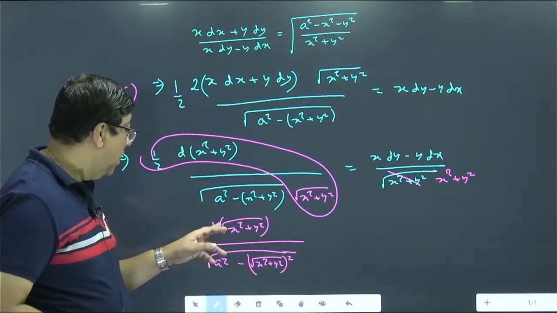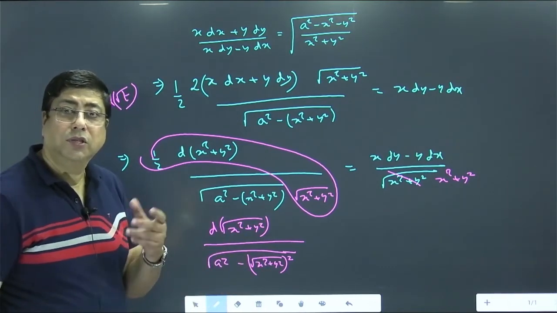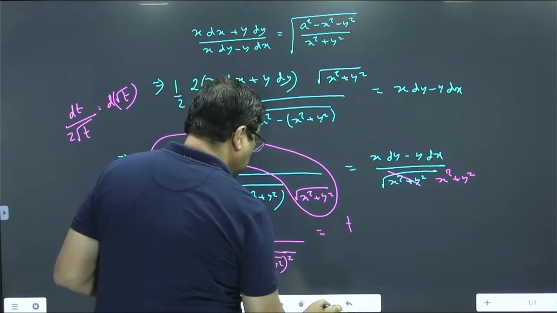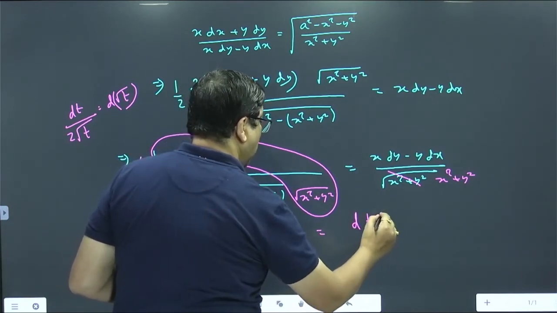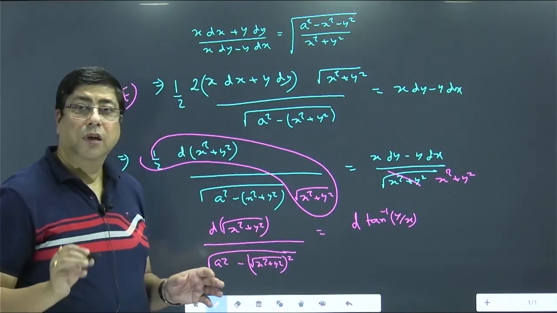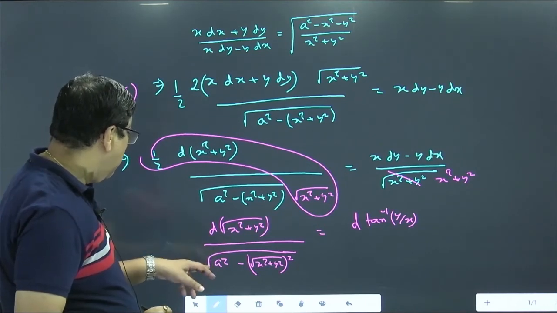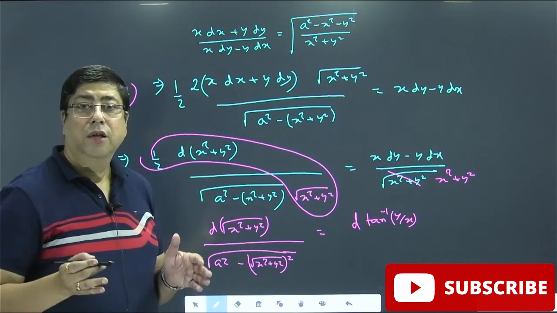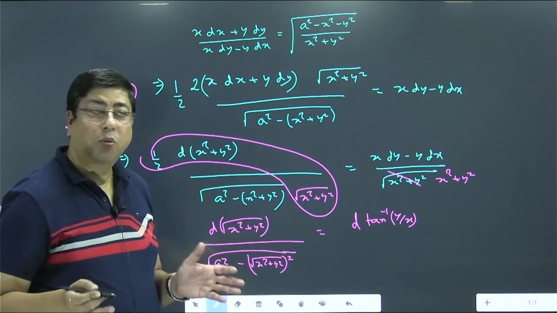Actually it is in the form of dt by root over a square minus t square, and this is in the form of d of tan inverse y by x. This formula is known to us. Now this is in the form of dx by root over a square minus x square, and if we integrate we get sin inverse x by a, and this is also in differential form, so we can integrate.